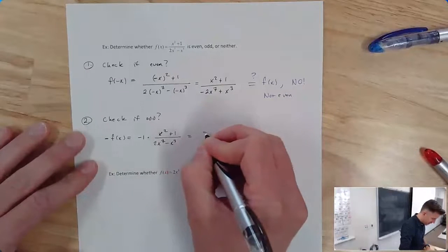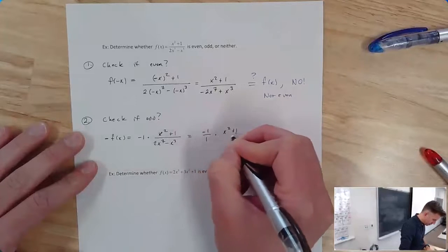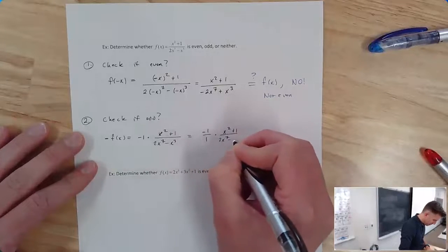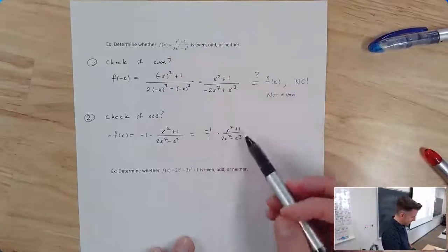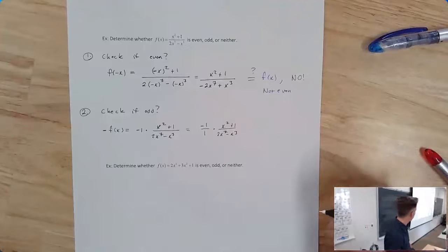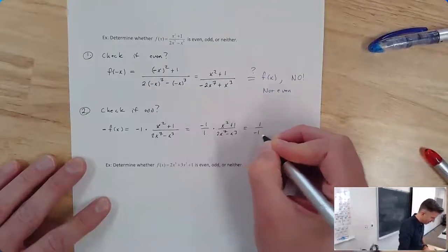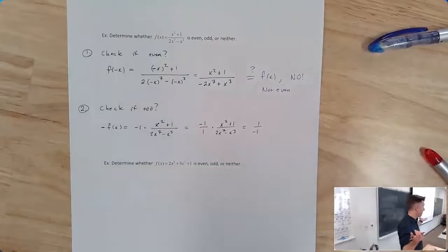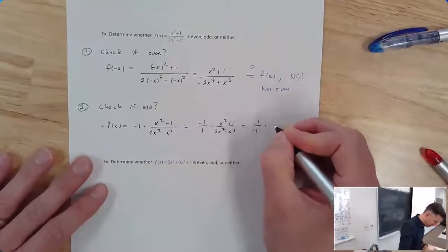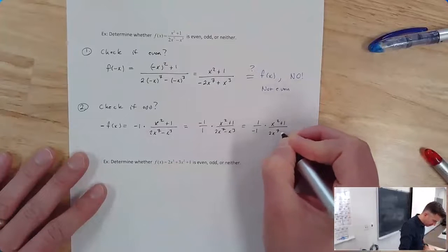So we can decide whether we want to write this as -1 over 1 times the fraction x squared plus 1 over 2x to the 7th minus x to the 3rd, which is probably not what I want to do because I'm trying to get something that looks like that, and I'm going to get the wrong thing. Or I can think of -1 as the fraction 1 over -1. That's also a valid thing to do. What's 1 divided by -1? -1. And if we do it that way, and we multiply these fractions, we get top times top, bottom times bottom.